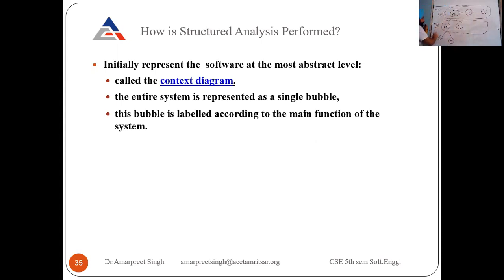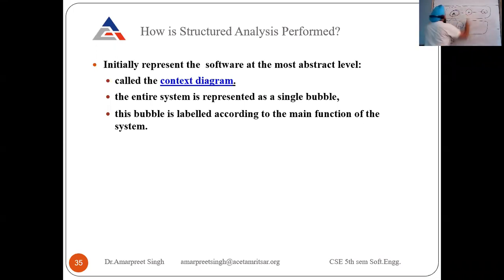Then DFD level 1, level 2, level 3, and higher levels of DFDs are represented. If we divide it like this and name it A1 or A2, numbering is very important. In level 1, the numbering will be 0.1, and the second will be 0.2.